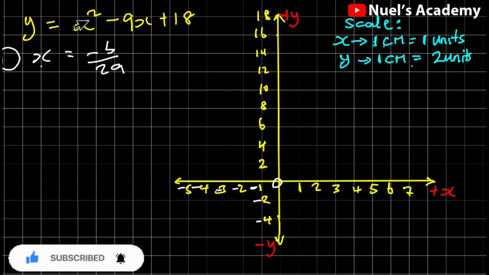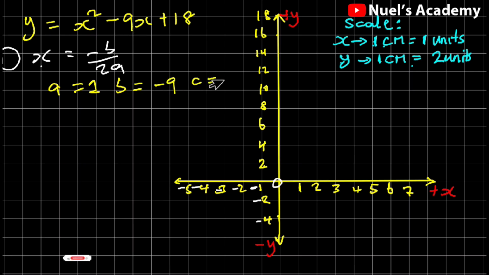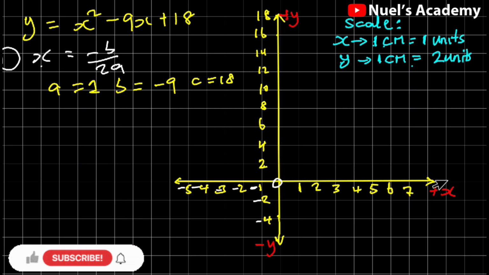So let's identify a, b, c in this quadratic function. The coefficient of x squared is always the a, and here the a is 1. Then b is the coefficient of x, which here is negative 9, and then c is the constant, which is 18.